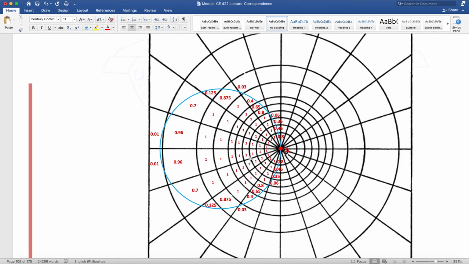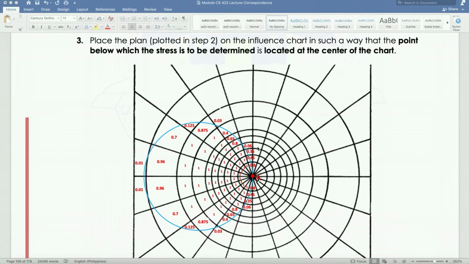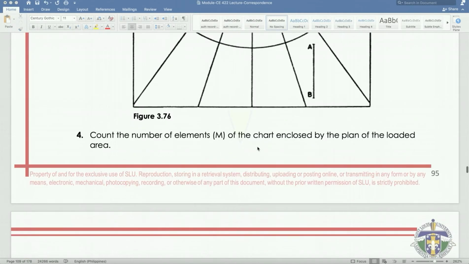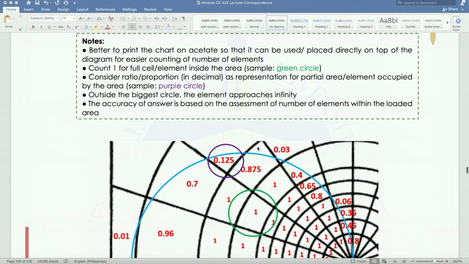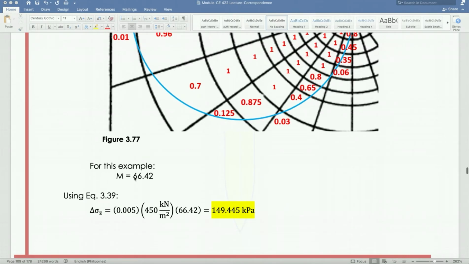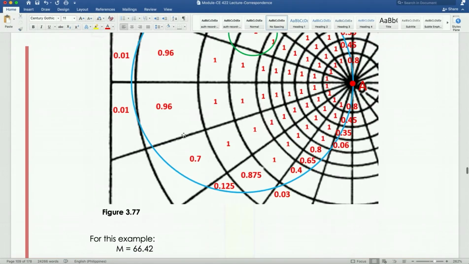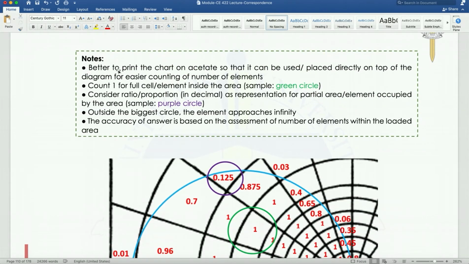And from that diagram, M therefore is equivalent to, ayun, 66.42. Okay?